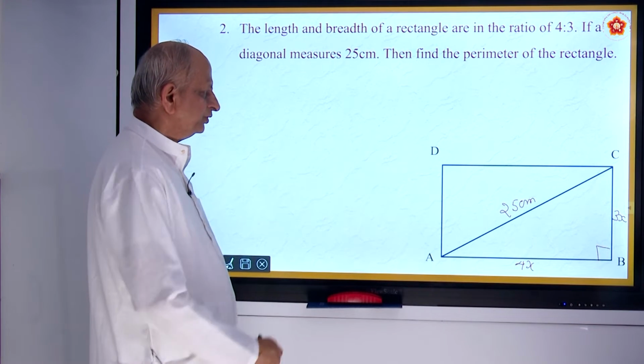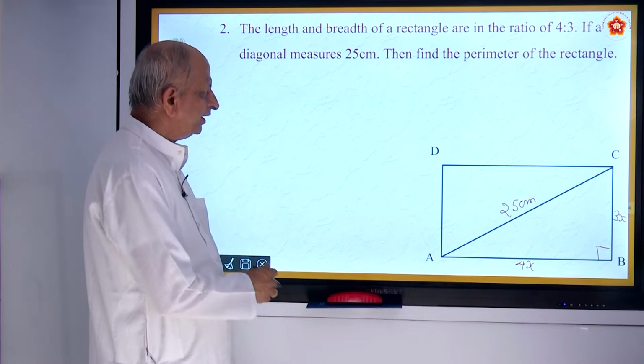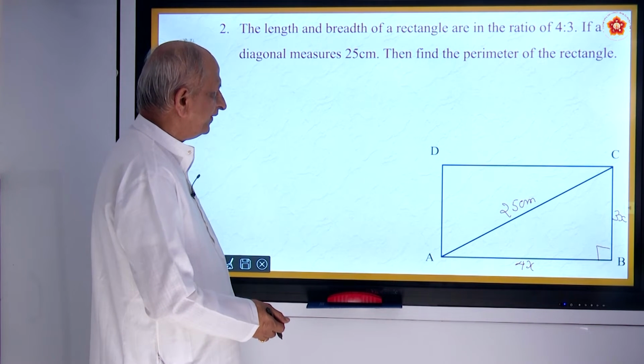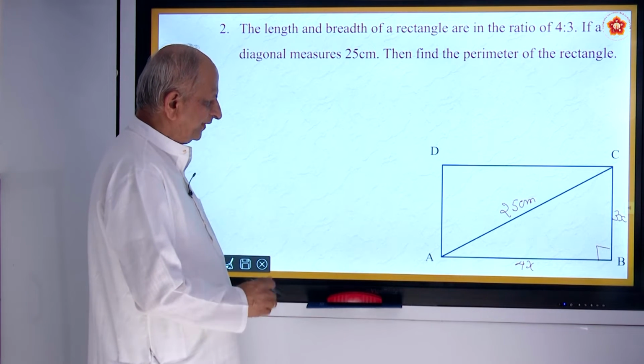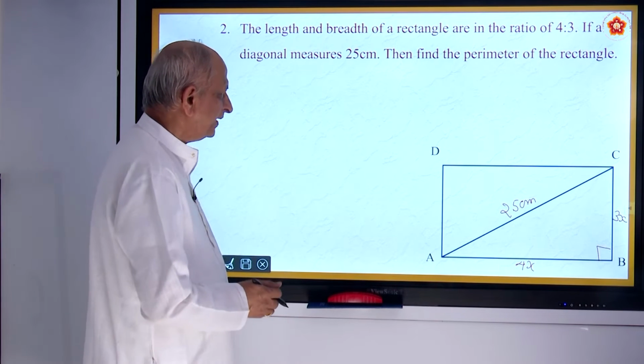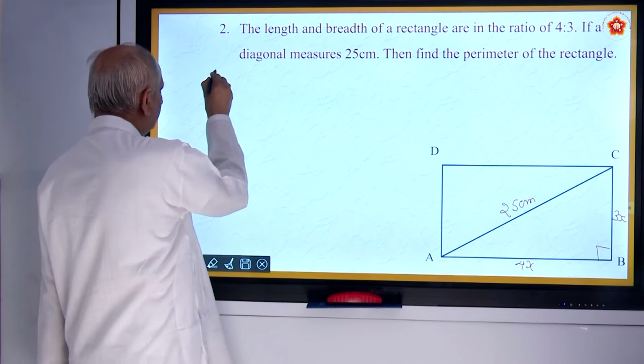Correct? Using those two, we have to find out the value of x. If value of x is known, you can find the perimeter also. So we start like this.